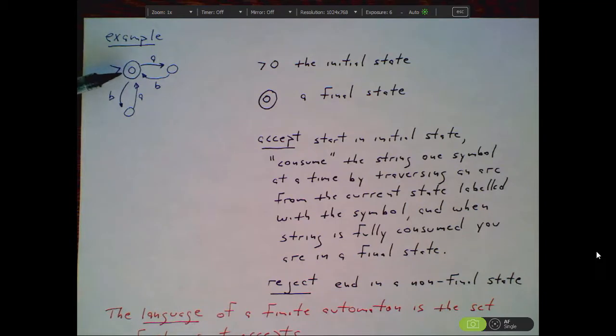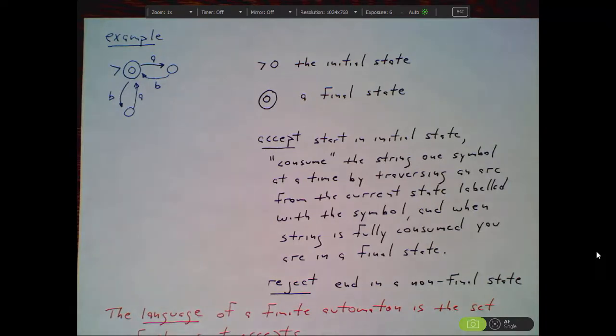So we start in the initial state and consume the string by following these arcs, matching symbols in the string. And when you're at the end of the string, if you end up in a final state, this one happens to be both initial and final, then the finite state machine accepts the string.